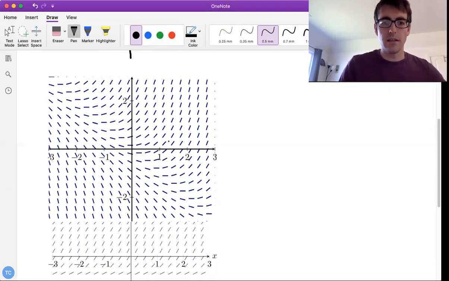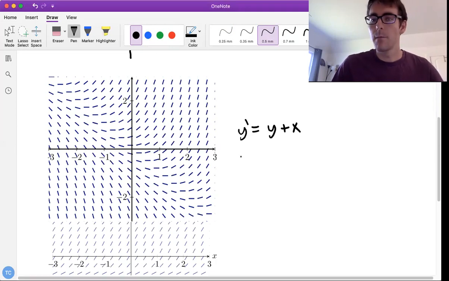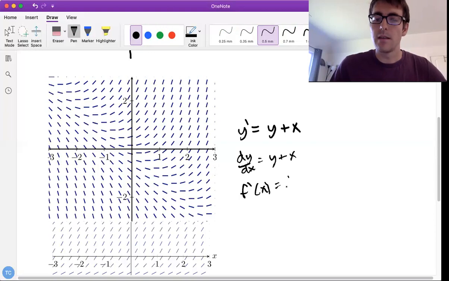So this is the slope field for the differential equation y prime is y plus x. And for now, I'm going to keep writing it in multiple ways. This is the same thing as dy/dx is y plus x, which is the same thing as f prime of x is f of x plus x.